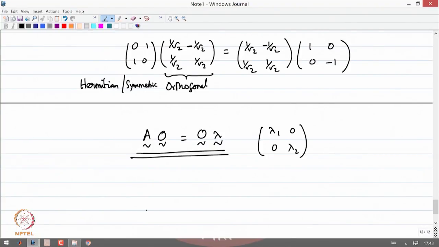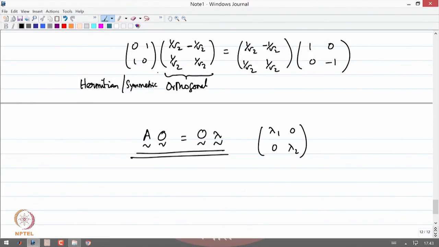If you have to worry about only one eigenvalue, then this is not a matrix but a column vector. We had the two previous equations, A of xy is equal to lambda 1 times xy. So those are two independent equations. This is taking care of both the equations in a single form.